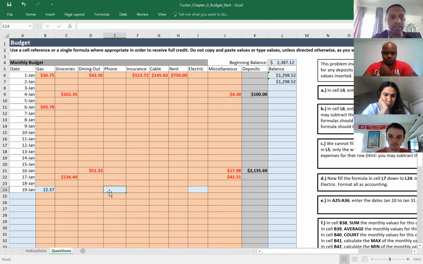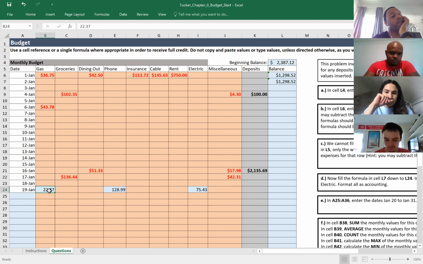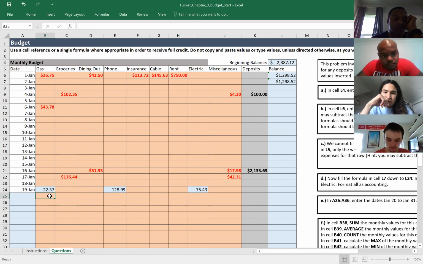And then 75.43 for electric. Oh, I'm supposed to format them all as accounting. So just going by the directions, they even had those spots blued out. They told us to type in those values for the gas, for the phone, and for the electric. And what's also important is that you do what they tell you and not what you think you're supposed to do.